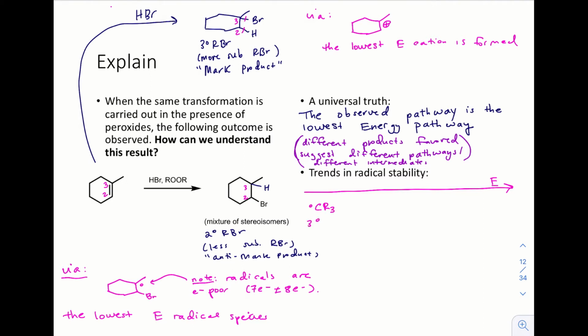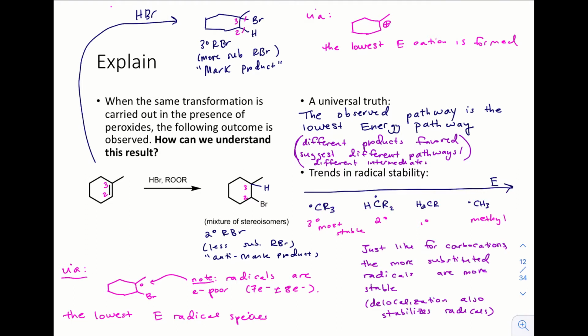A tertiary radical is the most stable, lowest energy type of radical. Of course, delocalized would be even lower energy, but let's not worry about those that are described by resonance structures yet. Okay, then secondary, then primary, and the highest energy would be the methyl radical, just like for carbocations.